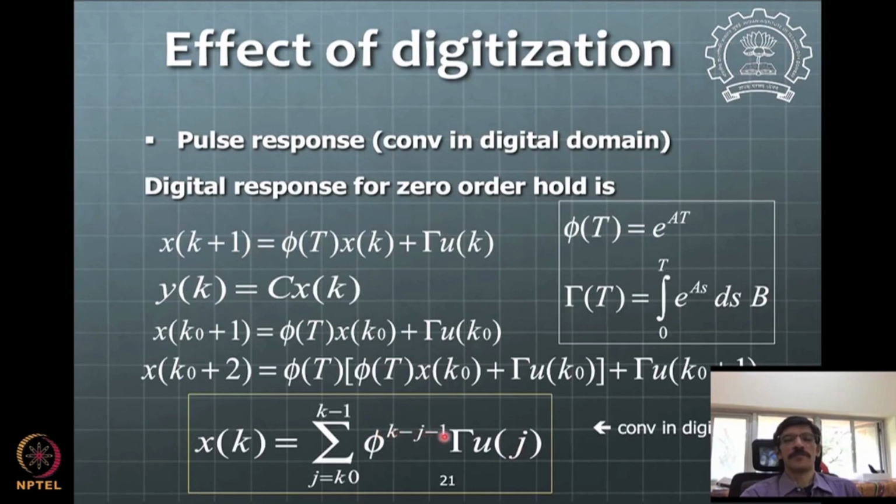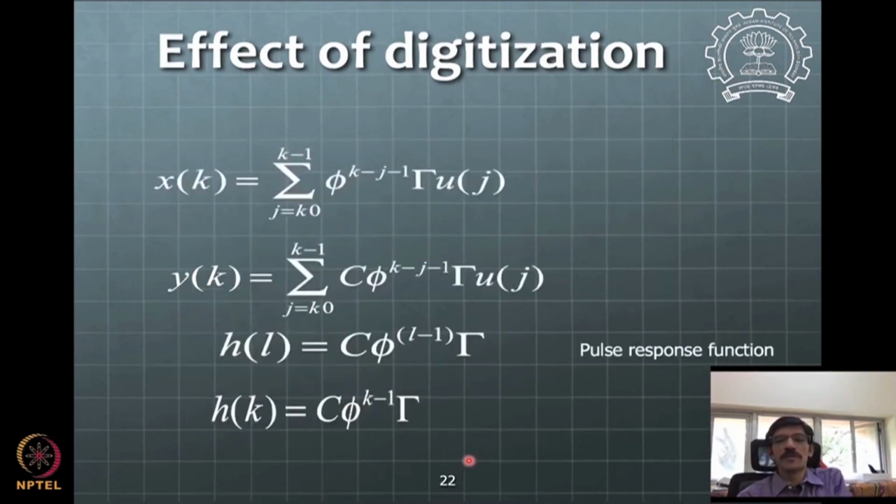Okay, so with this one can predict what is the function with which the input is convolved to get your final output. The same way we have convolution in the analog domain, you can see the convolution in the discrete domain, and the function that is convolved with becomes like an impulse response of that system. So in the discrete case, it is called a pulse response function, not transfer function, pulse response function.